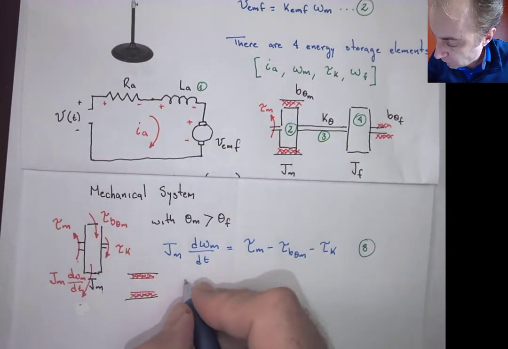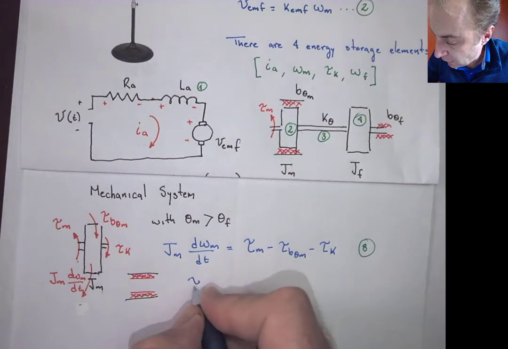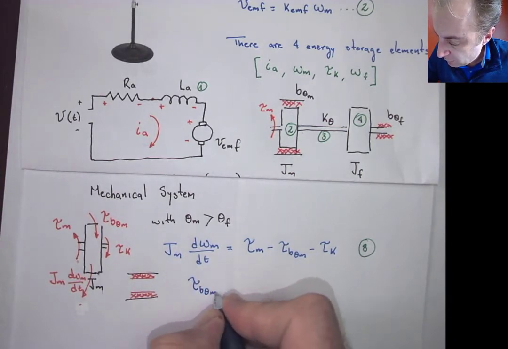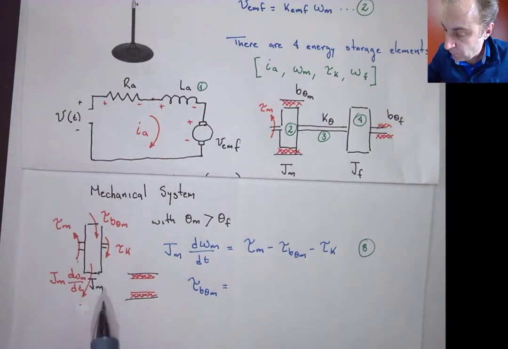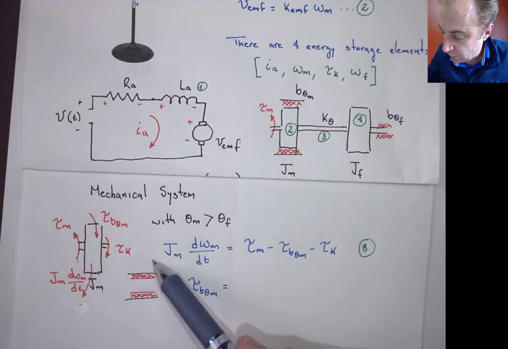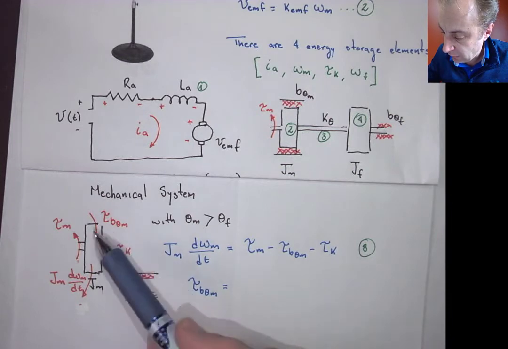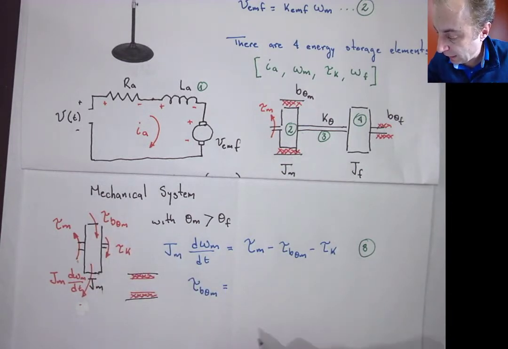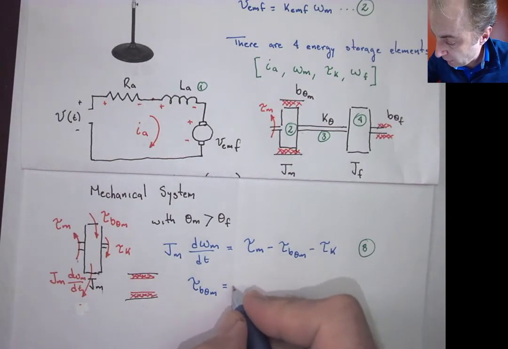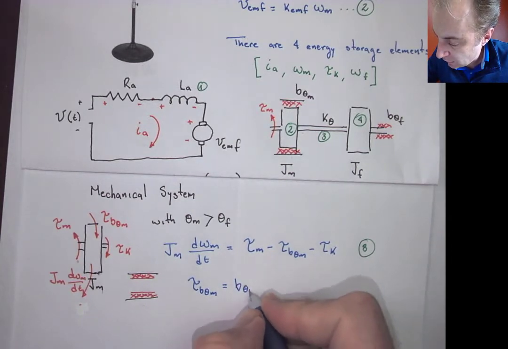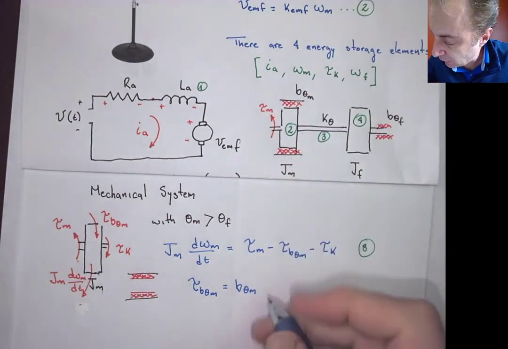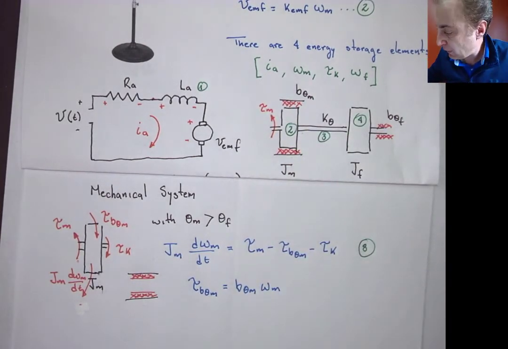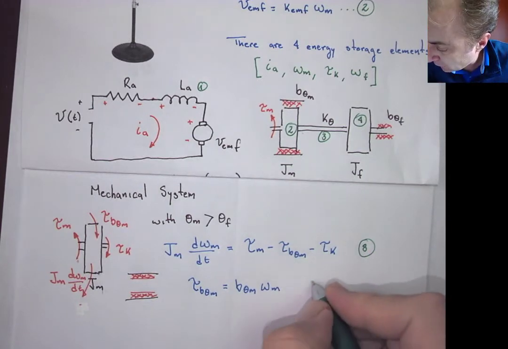The equation for a rotational element is going to be tau b theta m equal to the difference between this zero angular velocity here and the angular velocity of the inertia element, which is omega m. So this is going to be b theta m, the coefficient of friction, times omega m. Okay, and that is equation number 9.